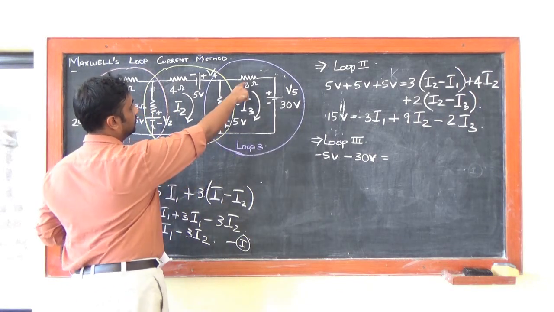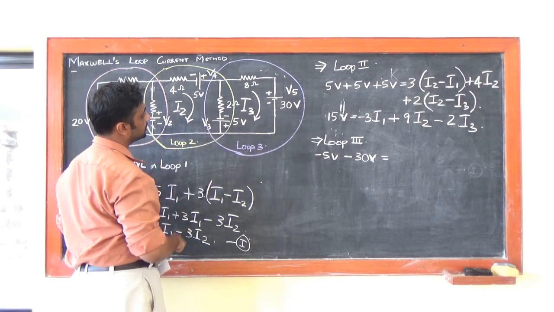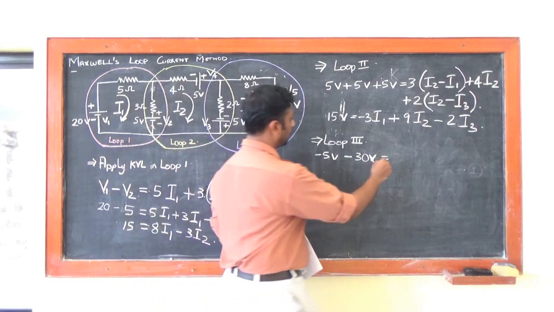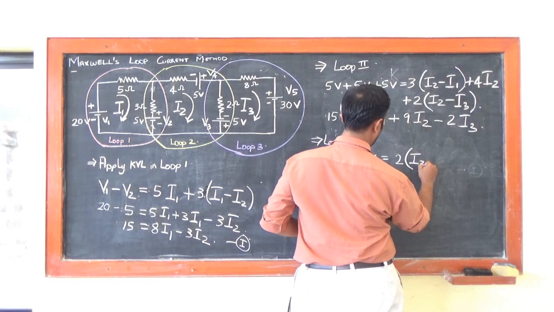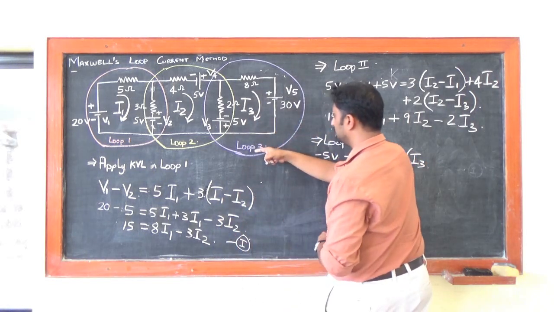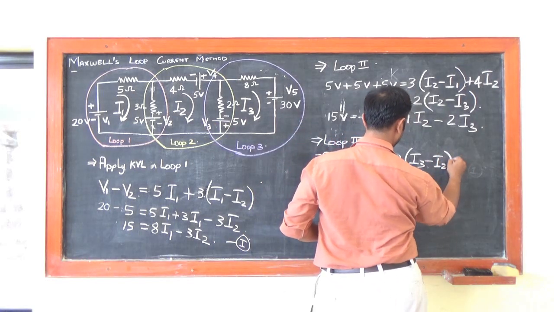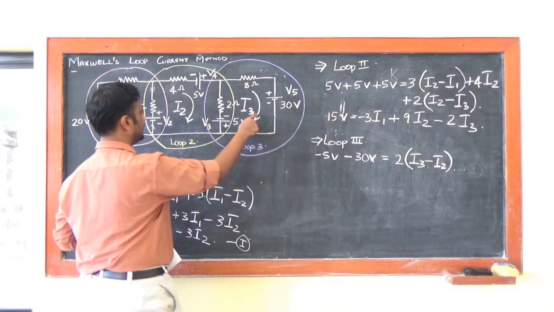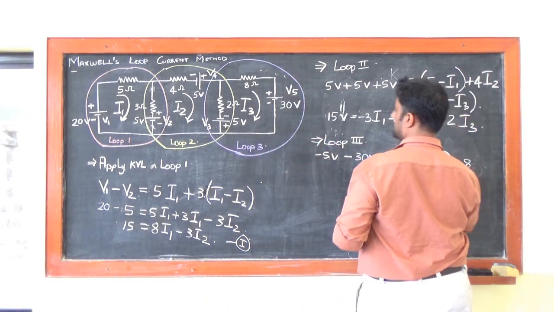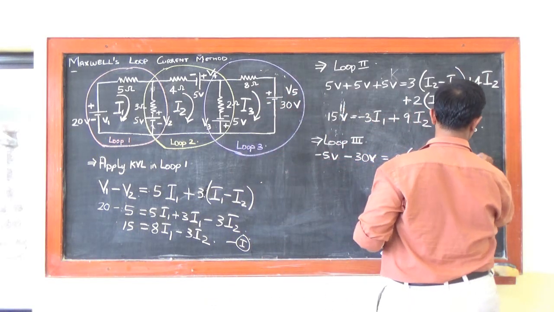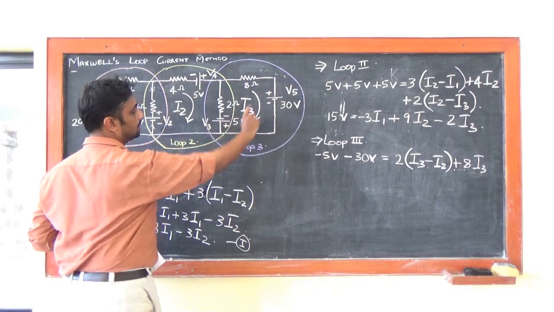now the currents. I have my I2, I have my I3 linked with this 2 ohms resistor. So I'll start with this 2 ohms. I3 gets preference because it is pertaining to loop 3. So I3 minus I2, I3 minus I2 plus 8 I3 and no other resistor.